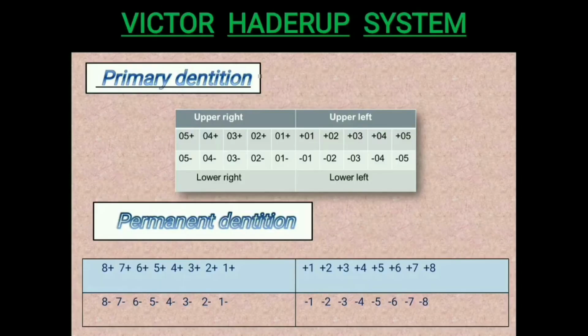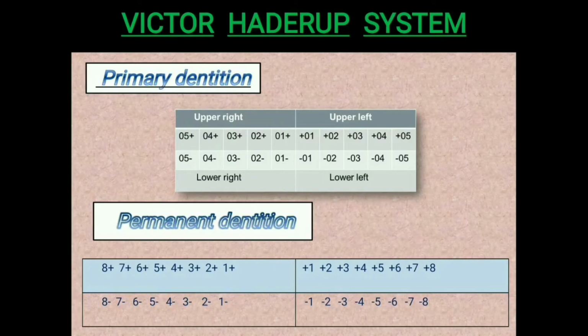Here is another not well known tooth numbering system, Victor Header-up system. It is almost similar to Zigmondi Palmer tooth notation system. For primary teeth, we will add 0 on the left side of the numerals, and the signs plus and minus are given to show the quadrant and the arch.